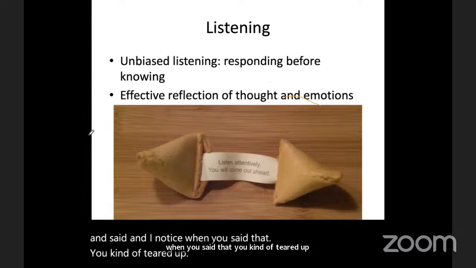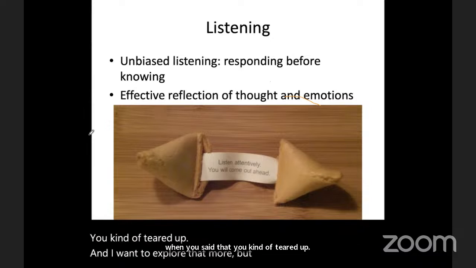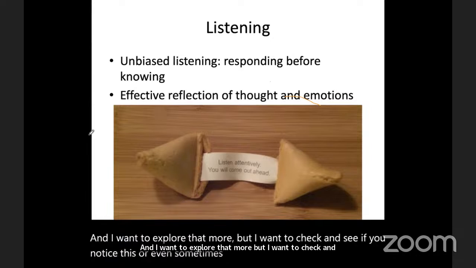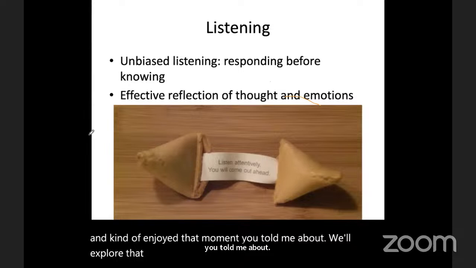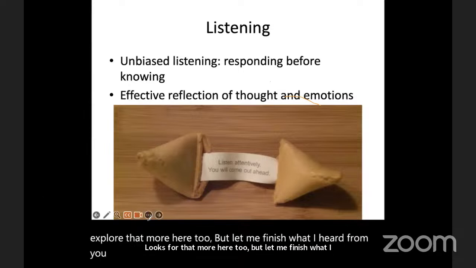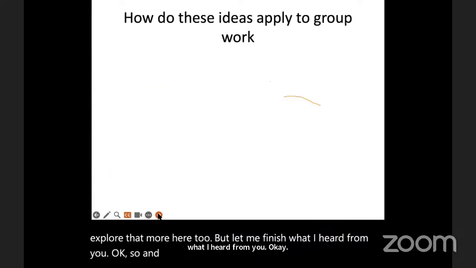I want to explore that more, but I want to check and see if you notice this. Or even sometimes, I noticed that you kind of laughed and enjoyed that moment you told me about. We'll explore that more too, but let me finish what I heard from you. Okay. And again, we'll practice some of these things.